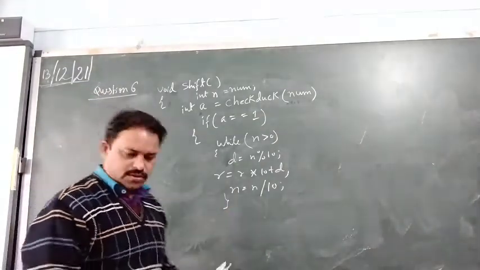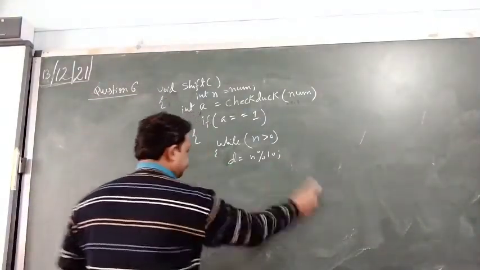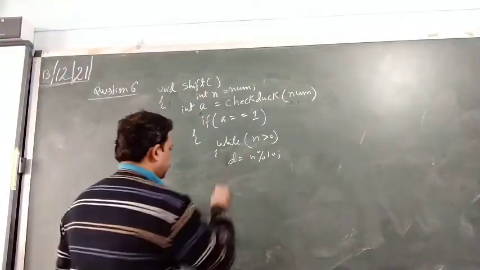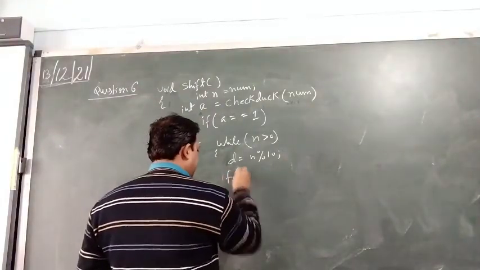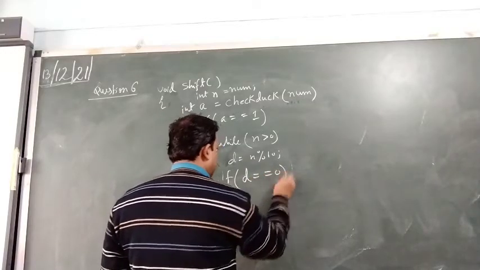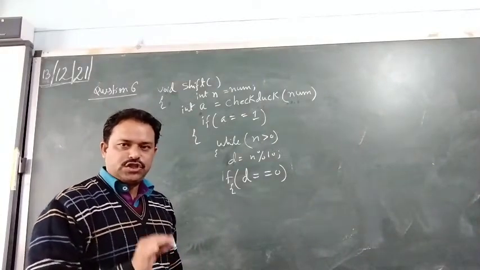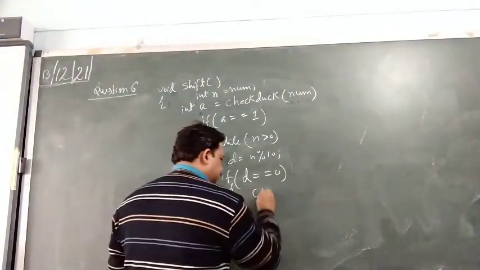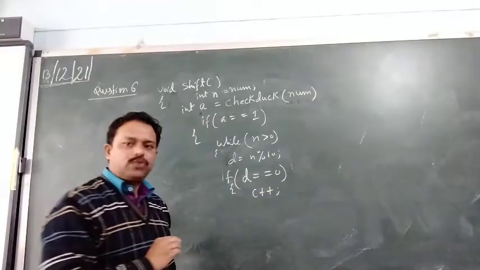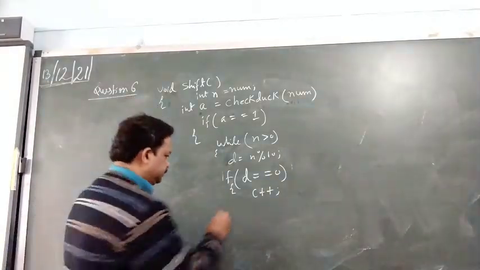Sorry, I have to check. If d equal to 0, if you have a digit 0, count it. I will tell you why we are counting the number of zeros.